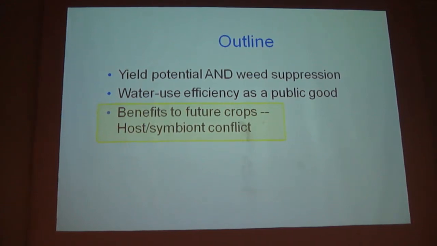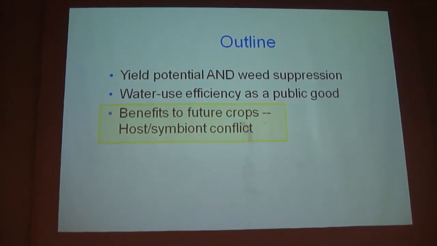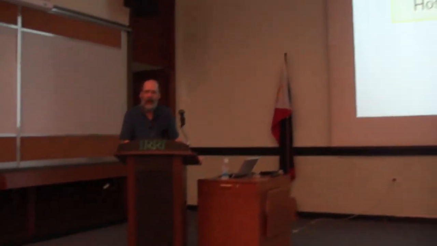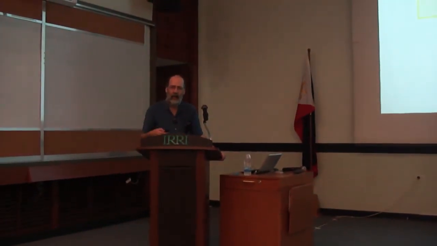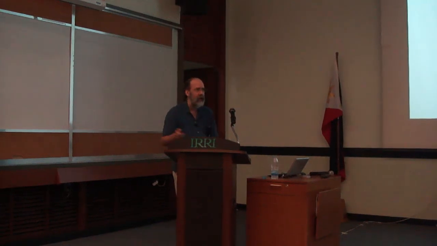This is most directly relevant to soybean, which are not growing yet, but certainly rice has various endophytes that it can be infected by that may be more or less beneficial, and it also has root-associated microbes that may be more or less beneficial. And the rice itself may have effects on various soil properties that would affect a subsequent crop. And the method that I'm going to propose would actually work for any of these. It's not really symbiont specific, but I'll use the symbiont example to illustrate the point.